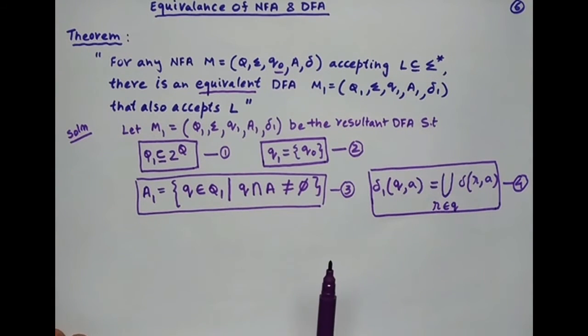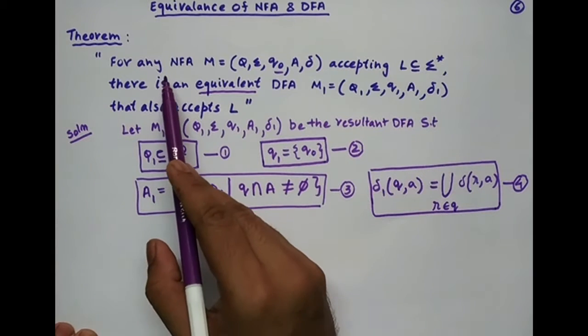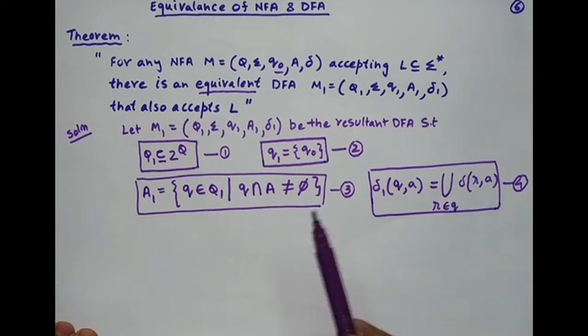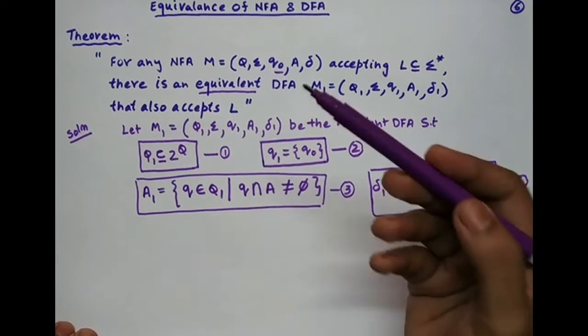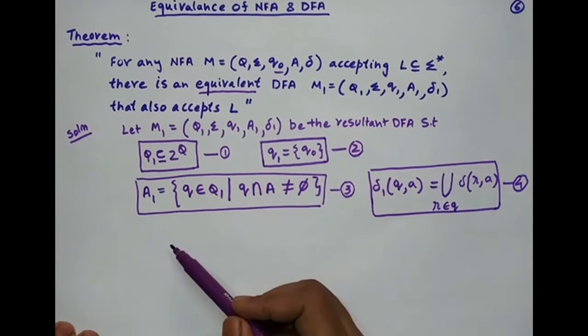Now what is asked to prove? It is asked to prove that if there is an NFA which accepts a particular language, then there is an equivalent DFA that also accepts that same language.